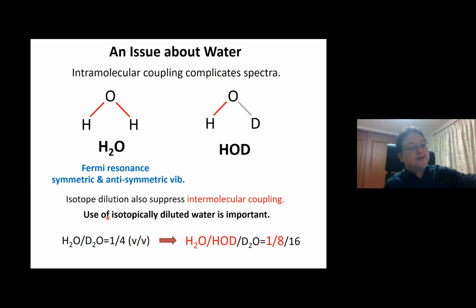So we use HOD, where we have only OH, for this 2D spectroscopy. We can suppress intramolecular coupling like Fermi resonance or symmetric and antisymmetric vibrations, so the spectrum becomes very straightforward.